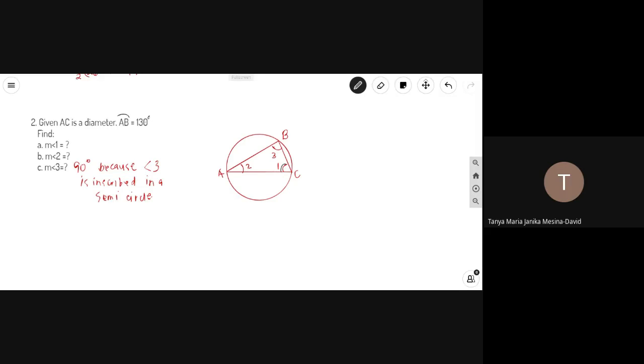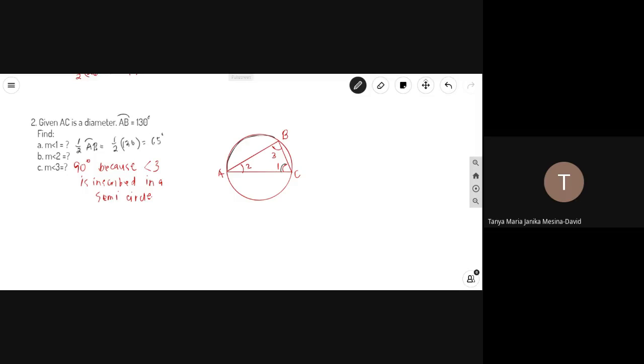So this is angle 1, and this is its intercepted arc. We said that the inscribed angle is one half of its intercepted arc. Therefore, it would be one half of AB, which is one half of 130, and that is 65 degrees.